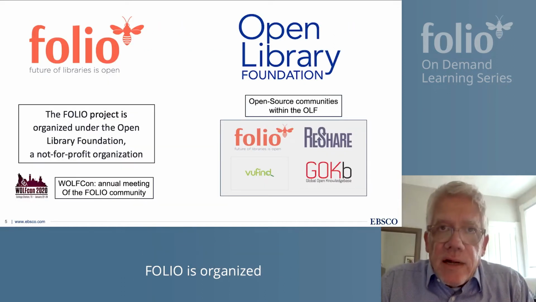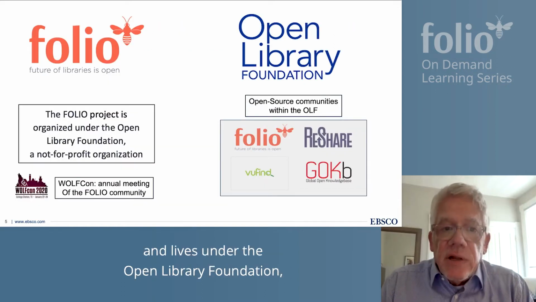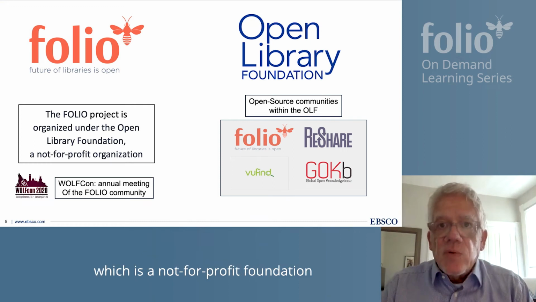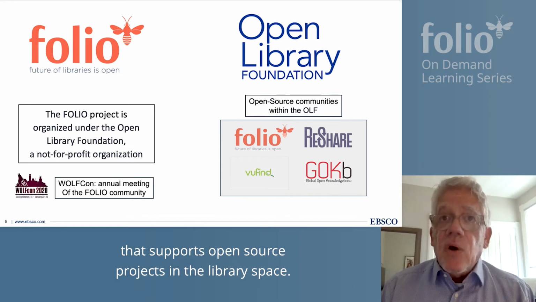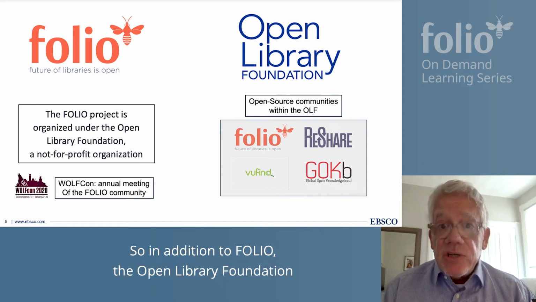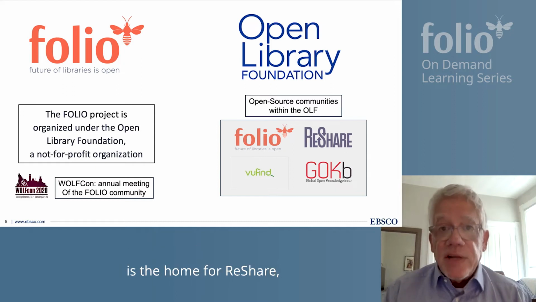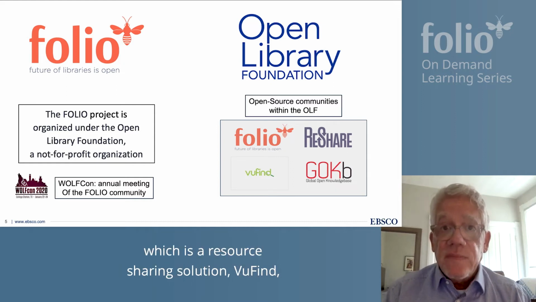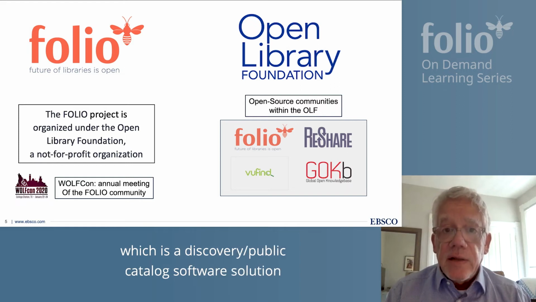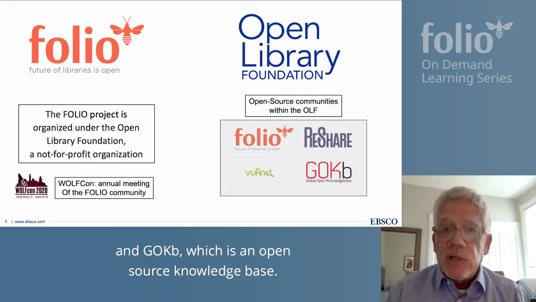FOLIO is organized and lives under the Open Library Foundation, which is a not-for-profit foundation that supports open source projects in the library space. So in addition to FOLIO, the Open Library Foundation is the home for ReShare, which is a resource sharing solution, VuFind, which is a discovery/public catalog software solution, and GOKb, which is an open source knowledge base.